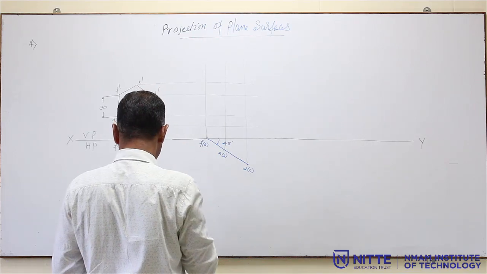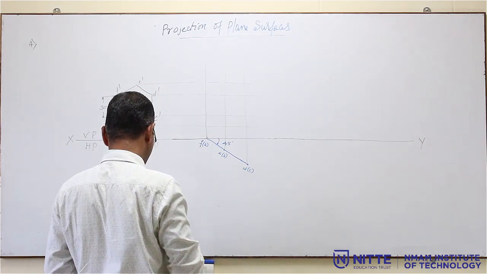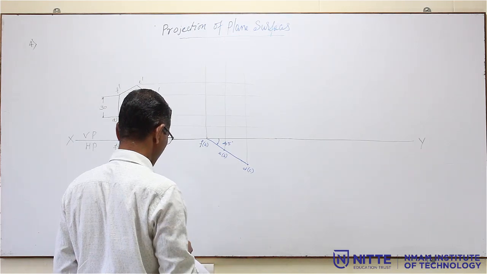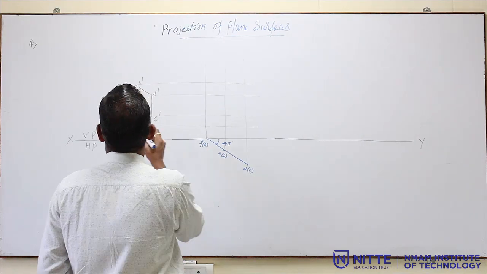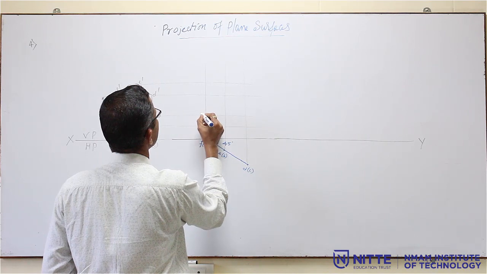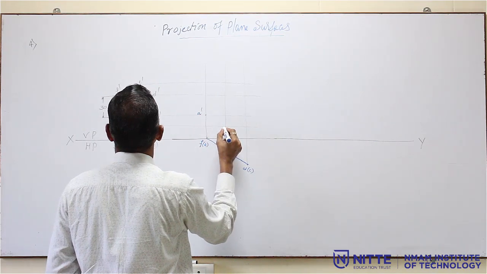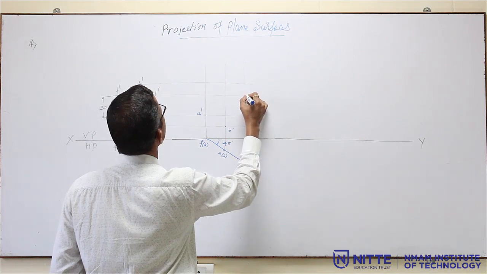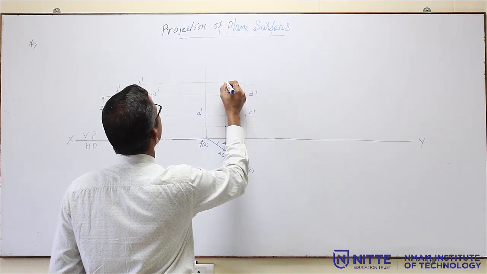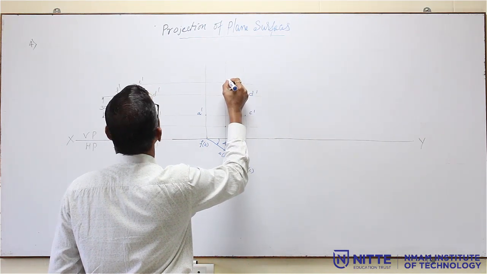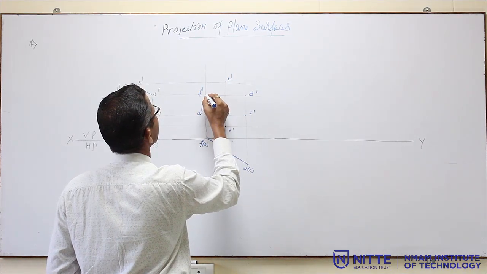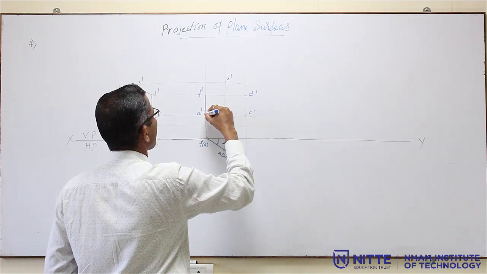Then name the points A, B, C, D, E, F. So, this is A dash, F dash. Connect it.